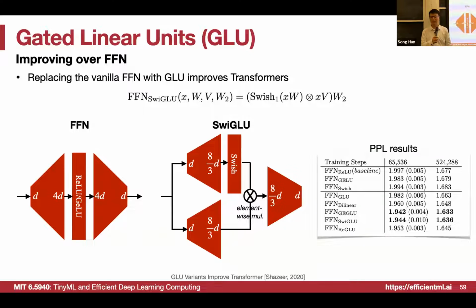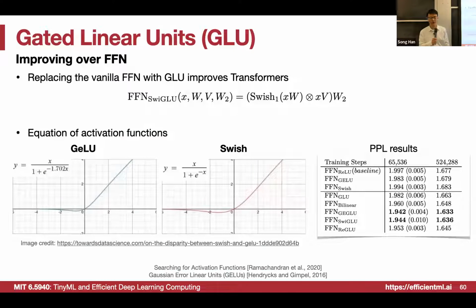So people chose that one, which gave a very good accuracy. The lower the better for the perplexity on the right-hand side. And this is showing the activation function for GELU and also for Swish. The only difference is the parameter here. And the overall shape of the activation function is pretty similar.